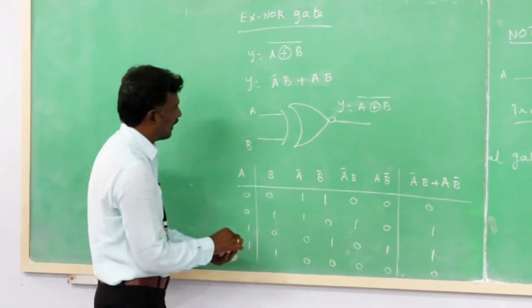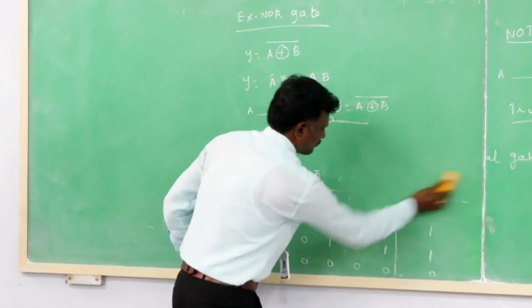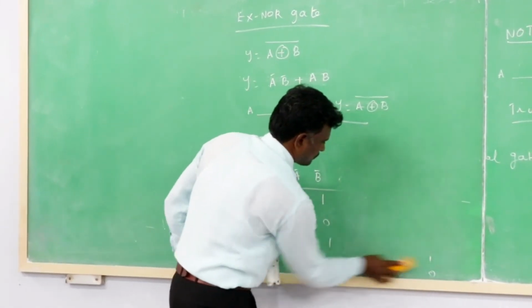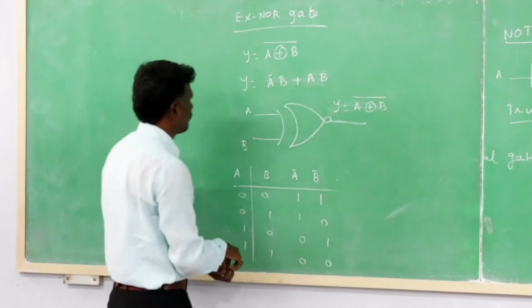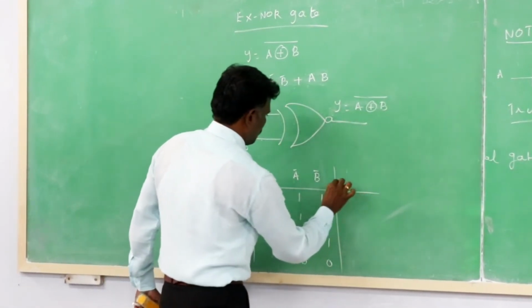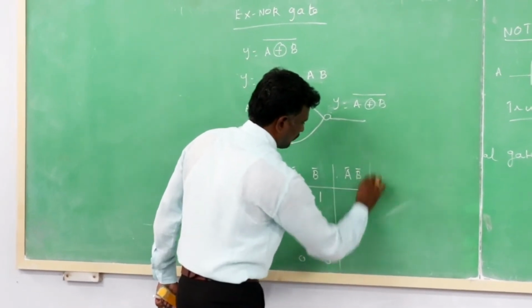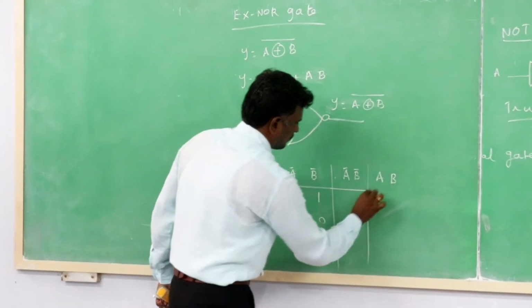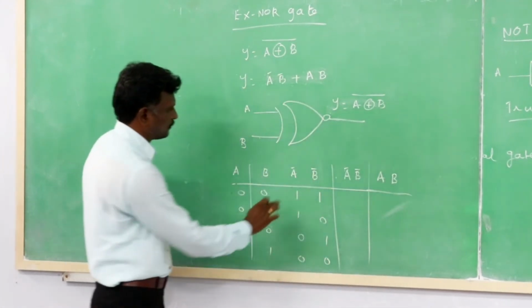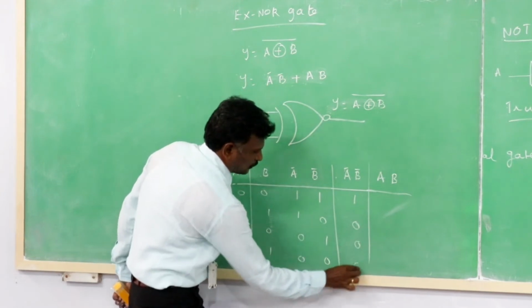Here, A bar B bar means 1 into 1 is 1, and 0 for the rest: 1 0 0 0.